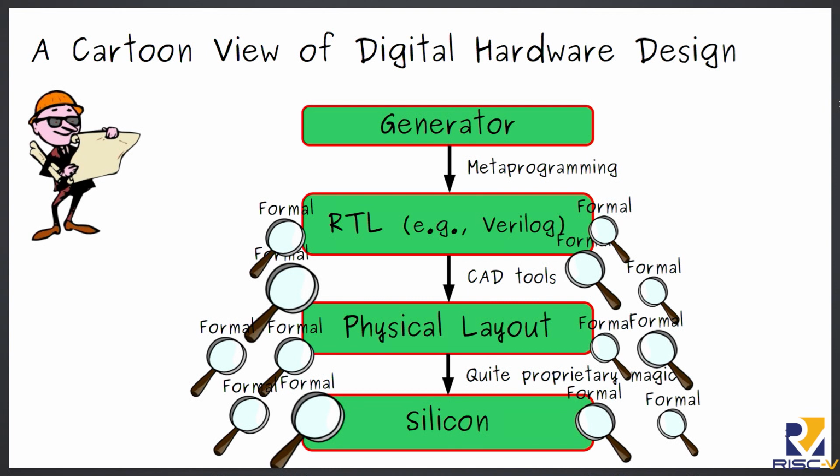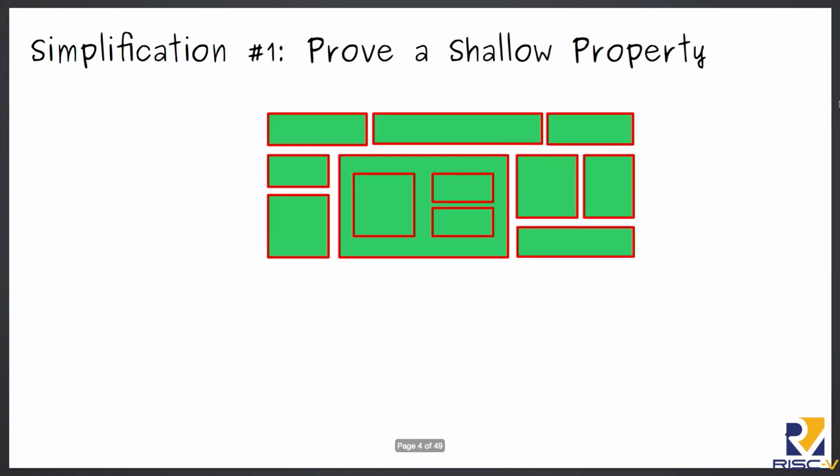And in particular, some of those little magnifying glasses are not quite at the top of the RTL box because there are a lot of properties of RTL designs that are not actually being proved too frequently in practice, and I'll say a bit about that. And we have almost no help from formal verification with getting the code generation parts right at the very top of this picture. So let me say a bit more about that.